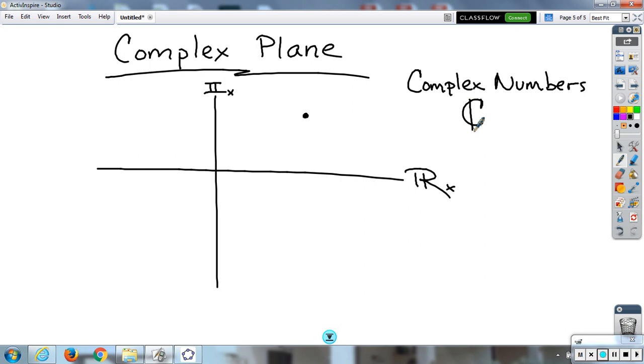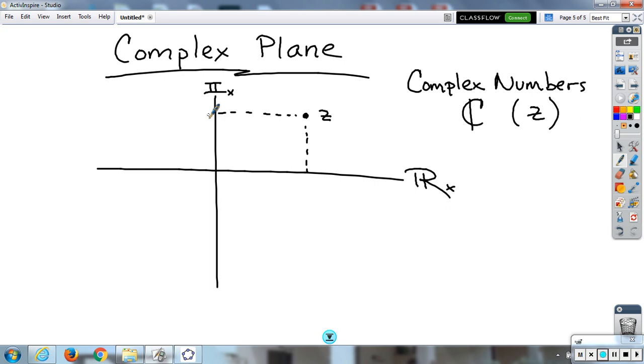The symbol that's used is C with a line going through it like that. And because technically you have the X, Y, Z, we're looking for a new letter. A lot of times complex numbers are given the letter Z. So this is the complex number Z. And the way it can be written is as a combination, just like with coordinates, of the real part and the imaginary part of this number.